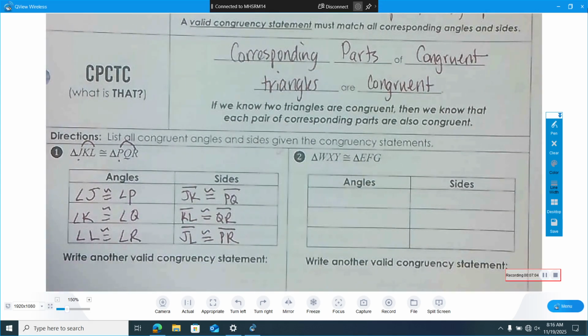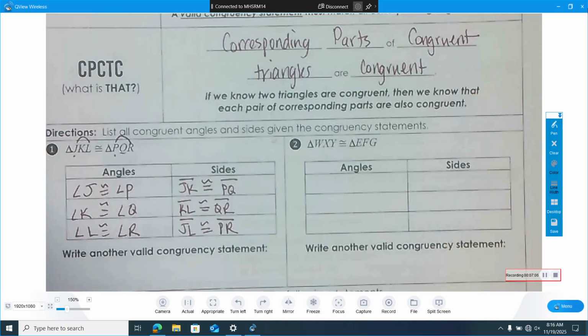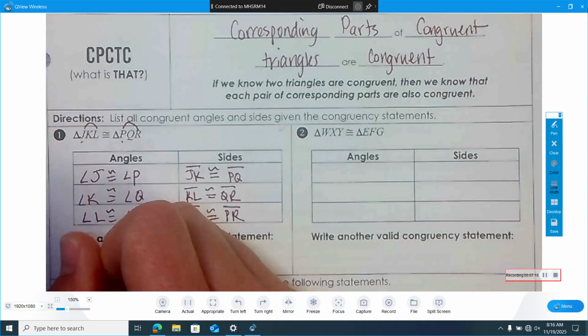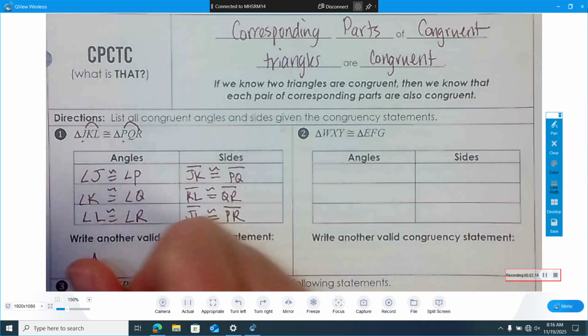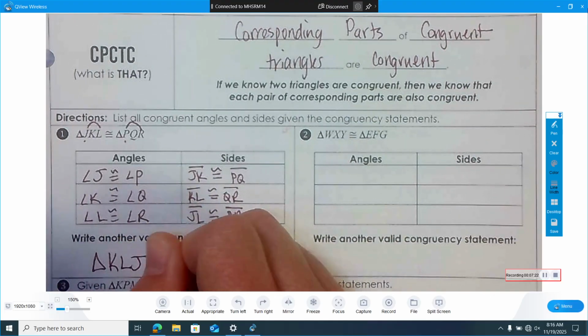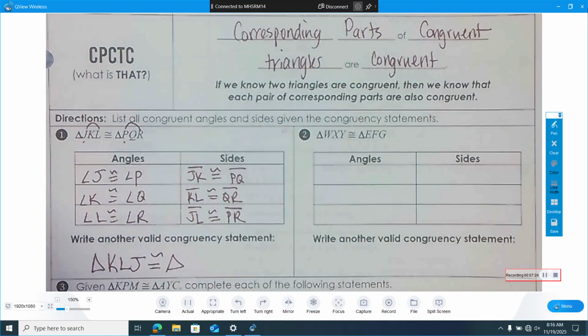Okay. Now, we want to write another valid congruency statement. As long as things still match up, we can change the order of the letters however we want. So another valid congruency statement, if I say triangle KLJ is congruent to triangle, what would you say?